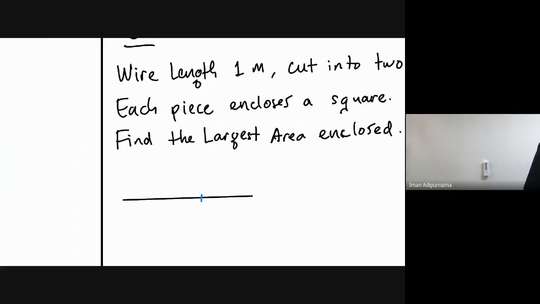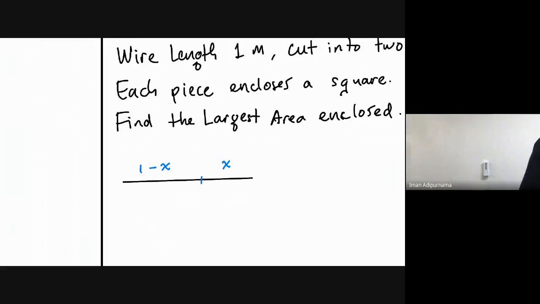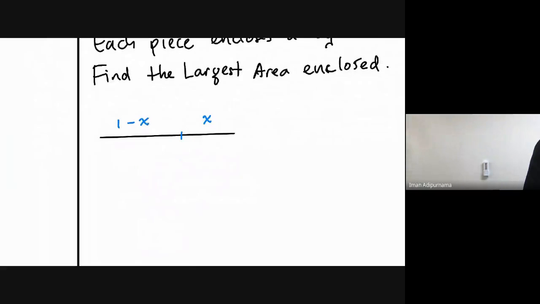Cut here. So if this is x, this is 1 minus x. If this is a square, these sides will be x over 4, right? And the other one will be maybe bigger.